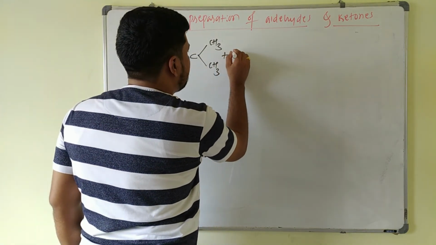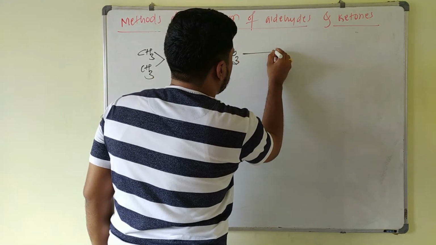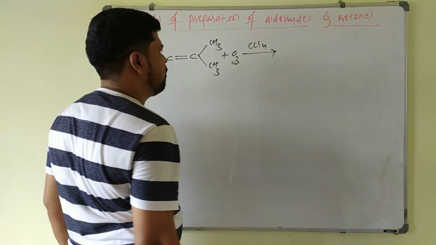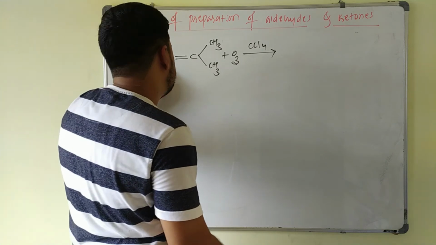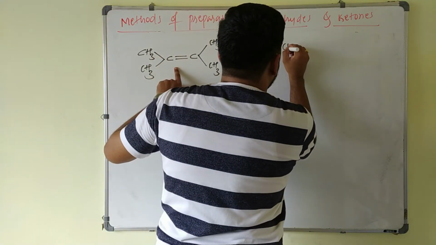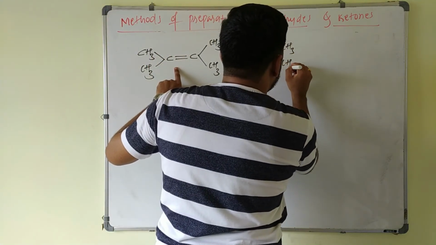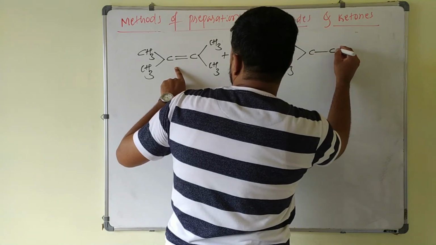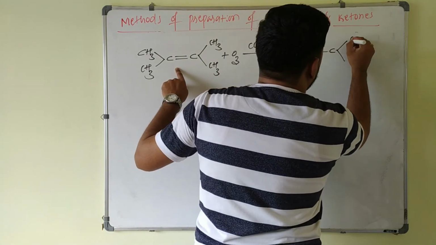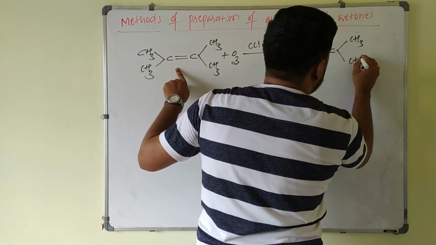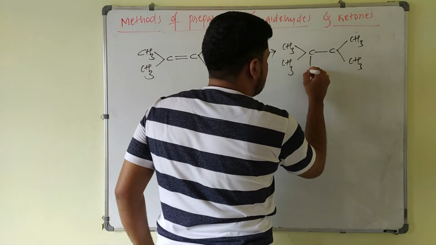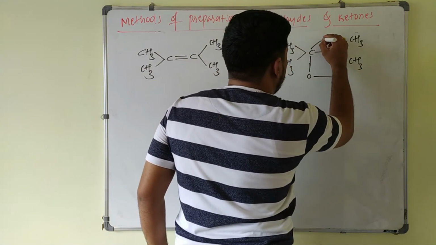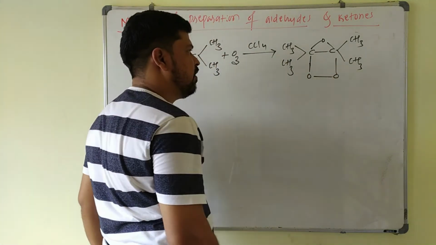This on treating with ozone in presence of CCl4, what you have to do here? Just form a 5-membered ring across the double bond. This is CH3, this is CH3, and this is C double bond C, a single bond you have to write here, and this is your CH3 and CH3. This is a 5-membered ozonoid. An unstable ozonoid is formed here because this carbon is having 5 bonds.